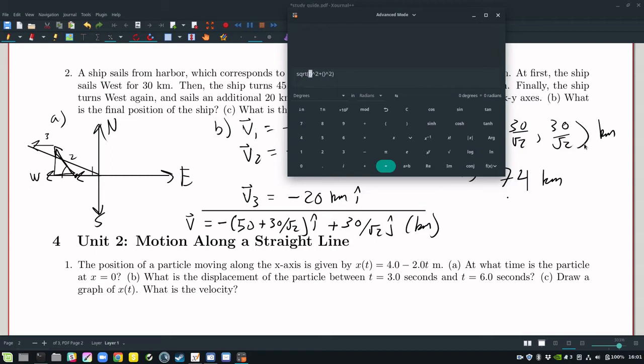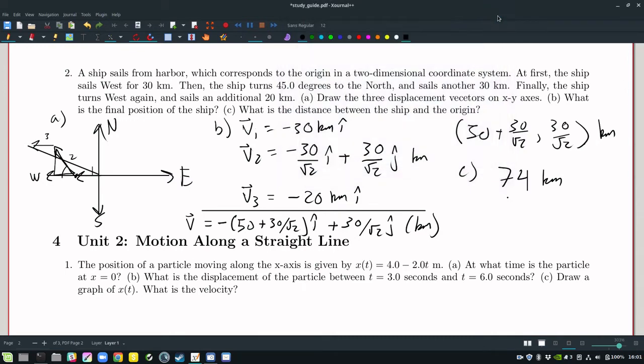And then we'll go back and put in, it's 50 plus 30 divided by the square root of 2. And then over here, we have 30 divided by the square root of 2, and that all comes out to be about, yeah, 74 kilometers.